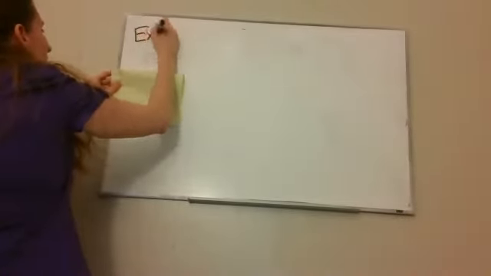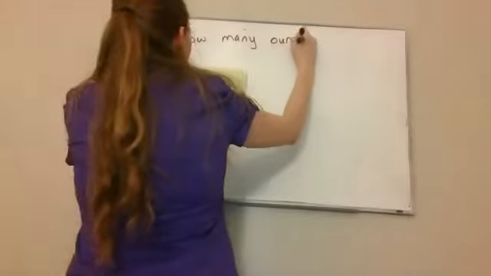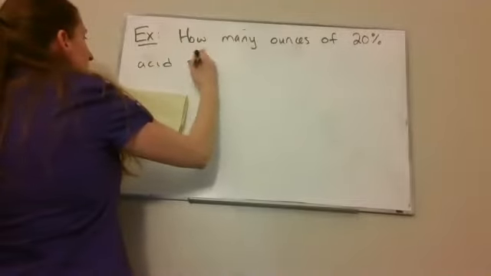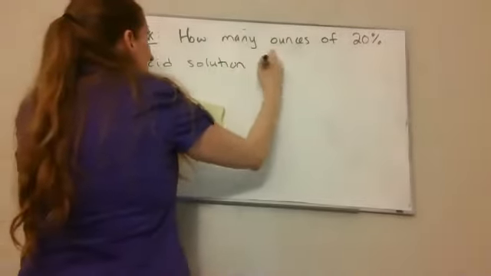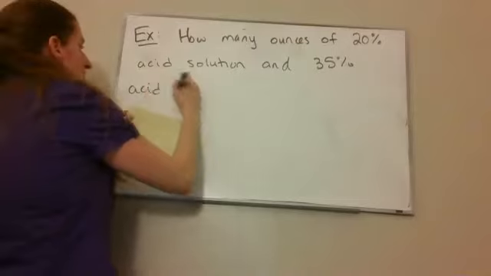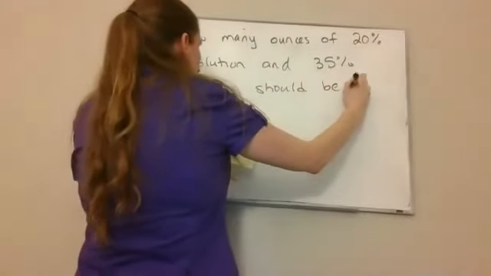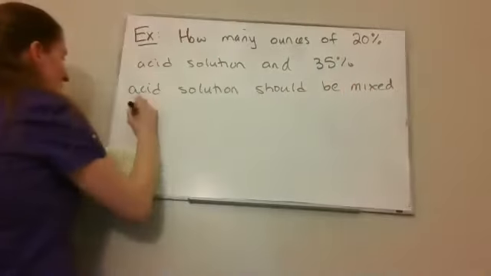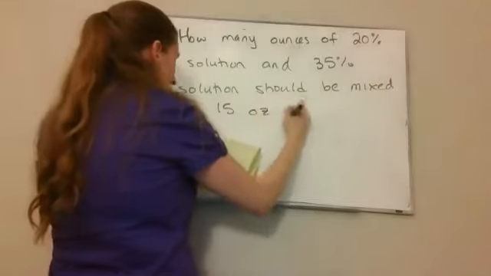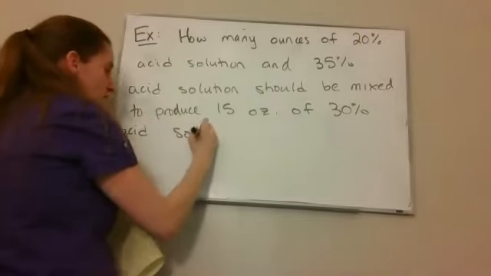So here's an example. How many ounces of 20% acid solution and 35% acid solution should be mixed to produce 15 ounces of 30% acid solution?